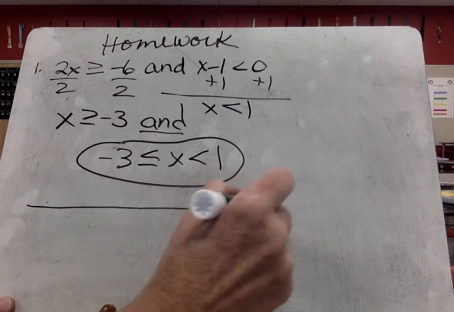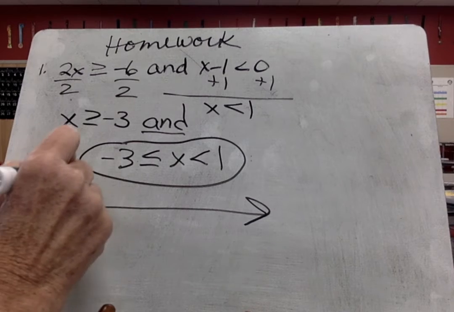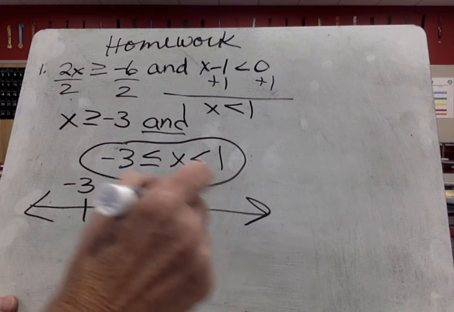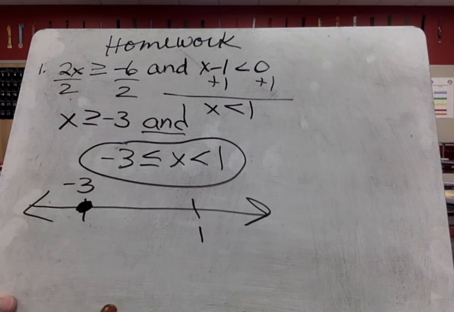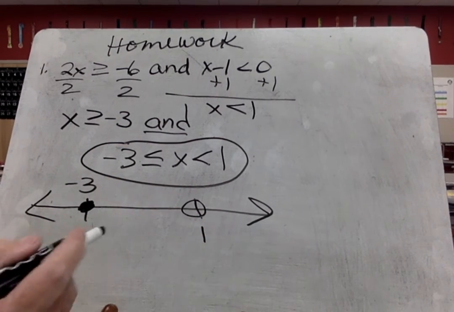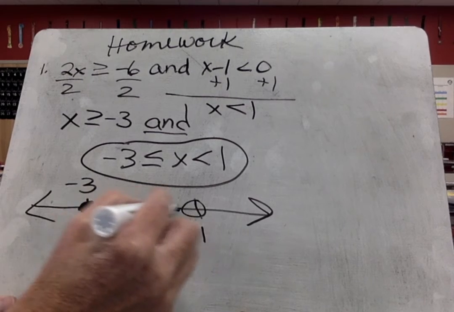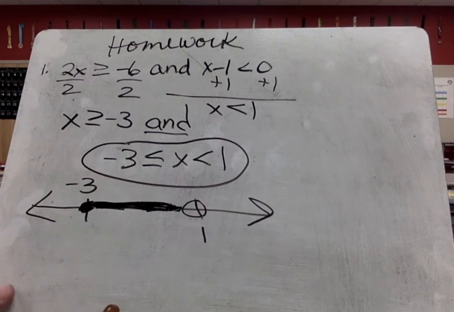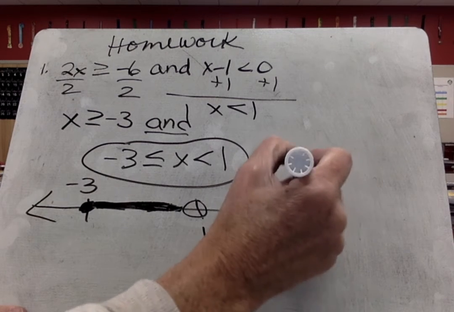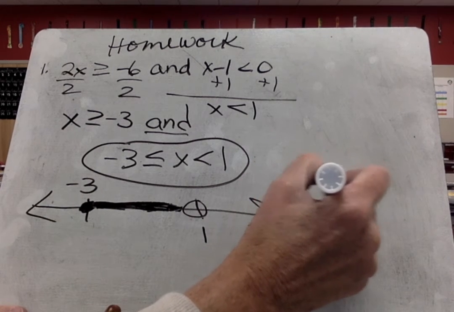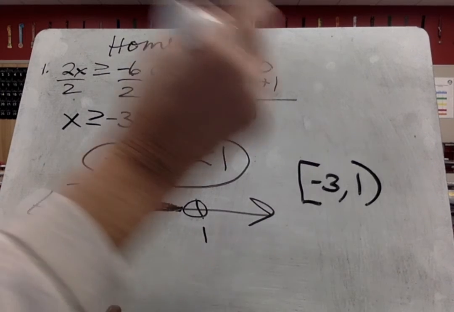Now we're going to go ahead and graph it. Negative 3, 1. Negative 3 is included because it's got the or equal to. 1 is not included, so it's an open circle, and we shade everything in between. Now for our interval, negative 3 is included, so it's a bracket. 1 is not included, so it's a parenthesis.